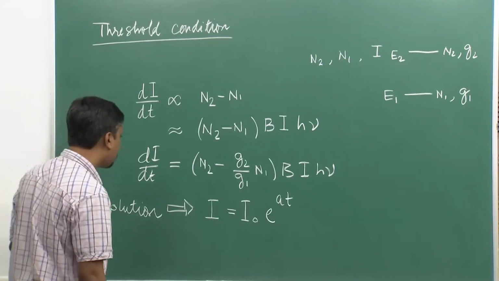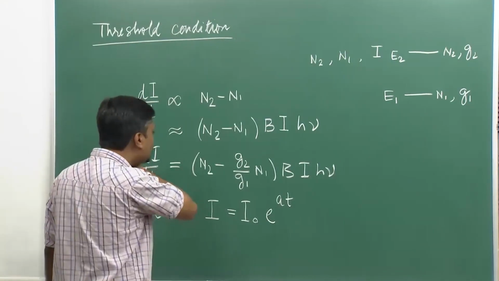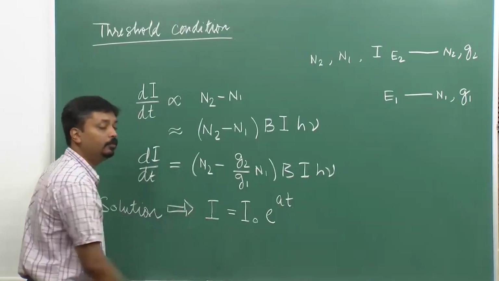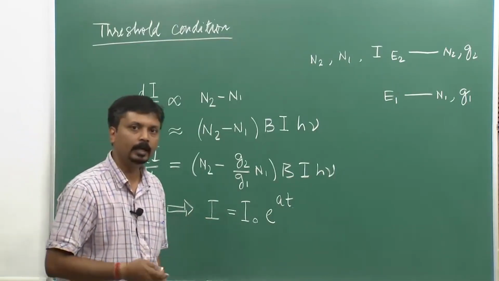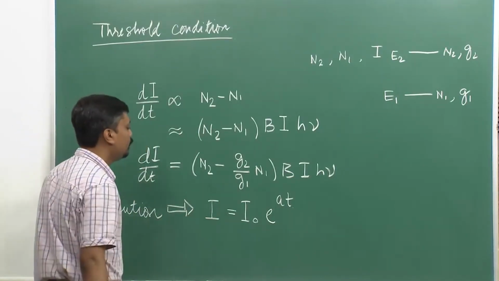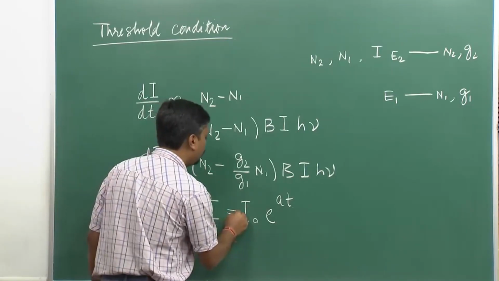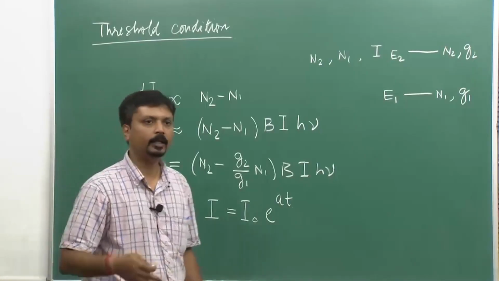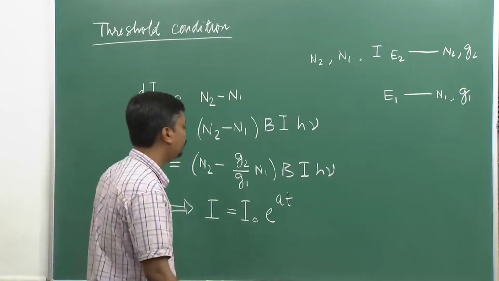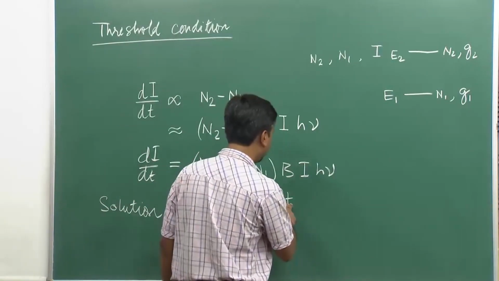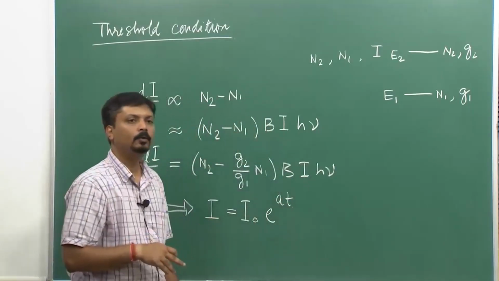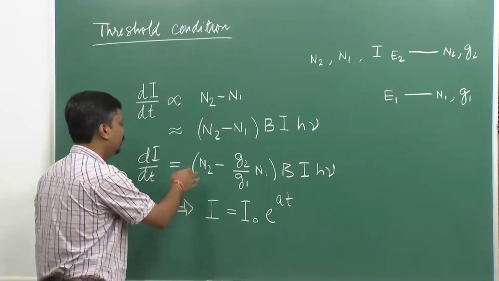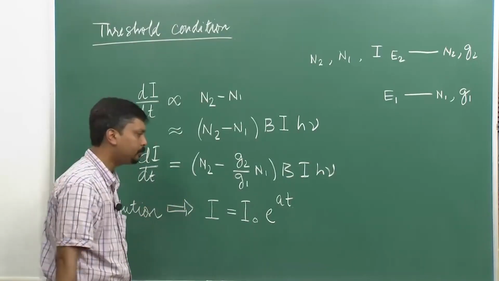This is the expression of intensity of stimulated photons at any given time t. Now, we know that time is related to distance through the speed of light, and we can correlate the time with the distance using the speed of light, because we are dealing with the properties of light only.